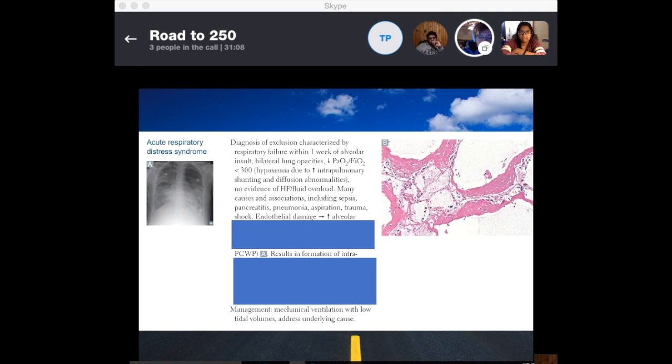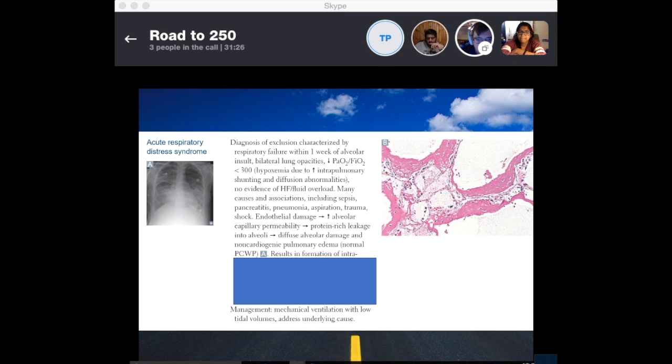What are the cells that break down that cell membrane? Pneumocytes? Is that type 1? Yeah, type 1. Are they type 1 or type 2?